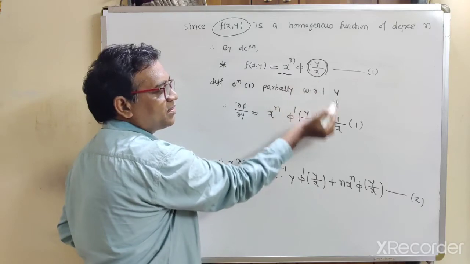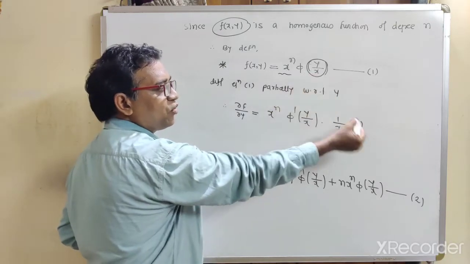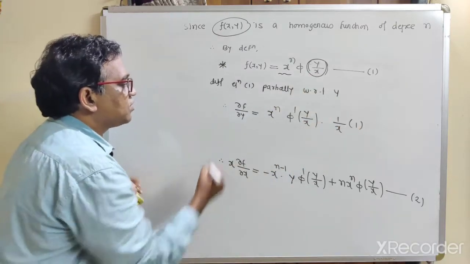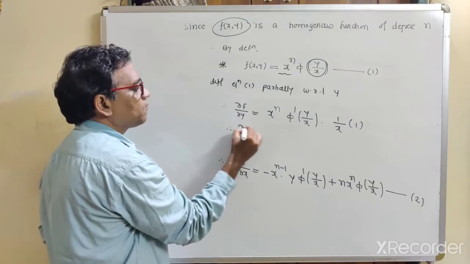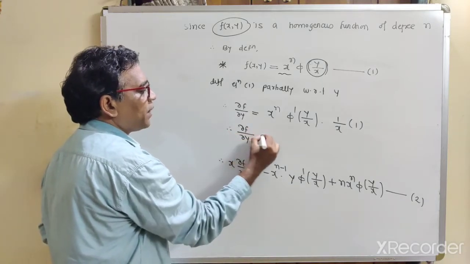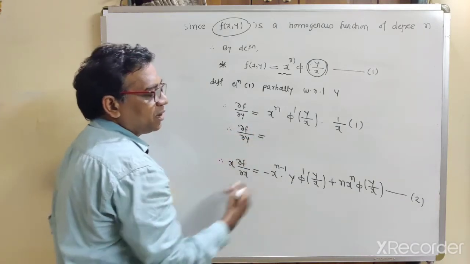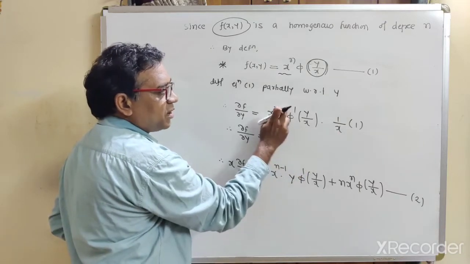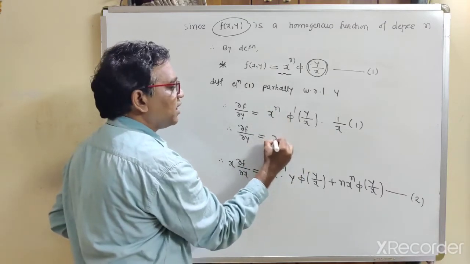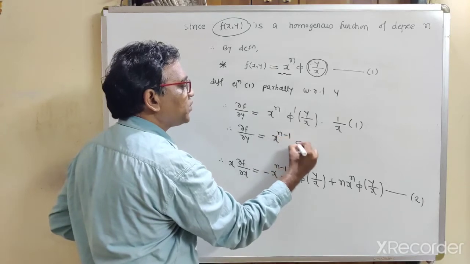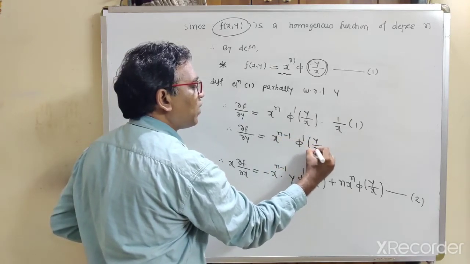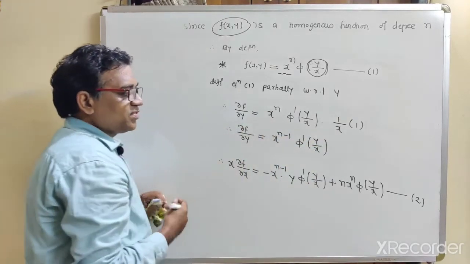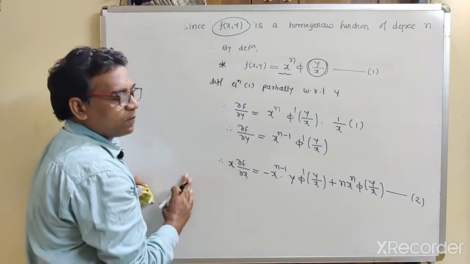So 1 upon x is a constant term, and derivative of y is 1. So simplify this equation. So this is del f by del y is equal to, now transform this x in the numerator. So this is x raised to n minus 1 into phi dash y upon x.